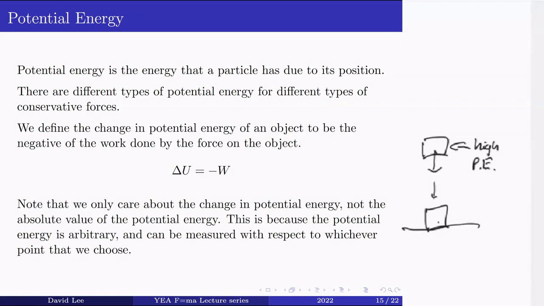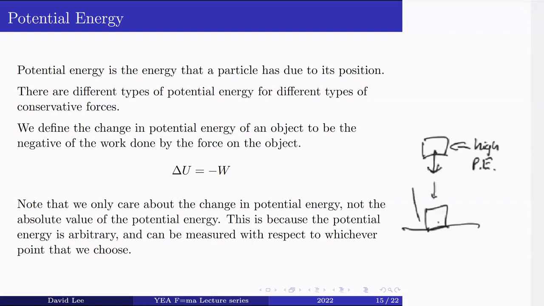And the way we define it more formally is that it's the negative of the work done on the object by our force. So if we have gravity in our example here, our force is going to go downwards.